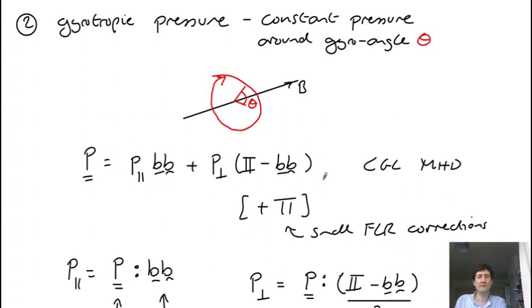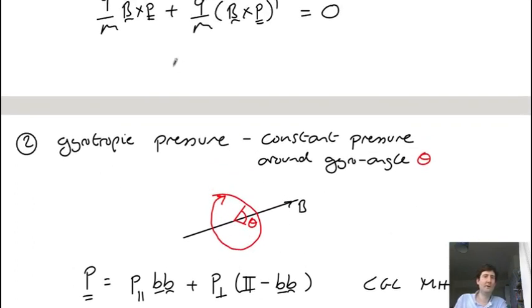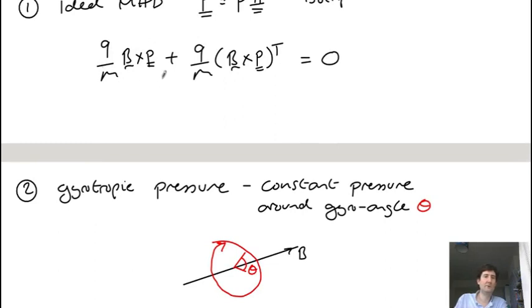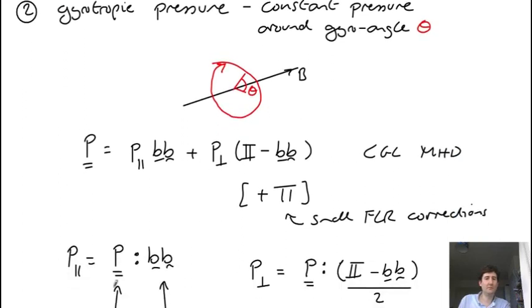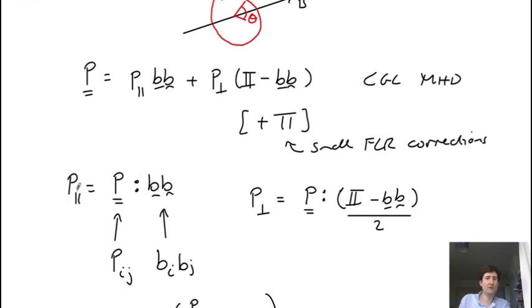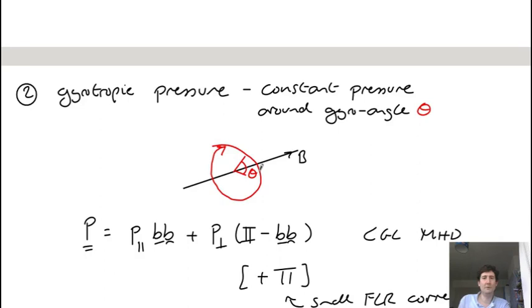Okay, so that's the more general form of the pressure tensor. If the pressure tensor has this form, then we can make this component here small, and so it no longer dominates the equation. So the next part of the calculation is to apply these operators. We want to work out from the pressure tensor what the equations for the parallel pressure are, and from the same pressure tensor equation what the perpendicular pressures are.